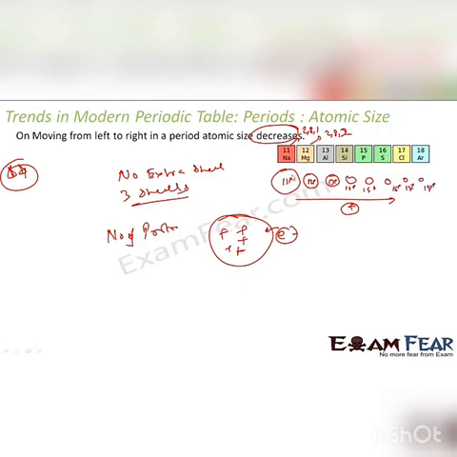Now this guy, with 11 protons, the shells are not increasing, shells are still the same, so this guy will not be able to attract the electrons much, so the size is more. This guy, since it has more charge, will attract electrons a little bit closer, and this guy a little bit closer, like this. So since it has more power, it will attract electrons closer, and thus the size will decrease.